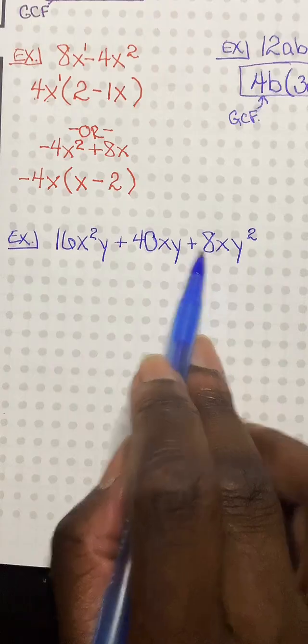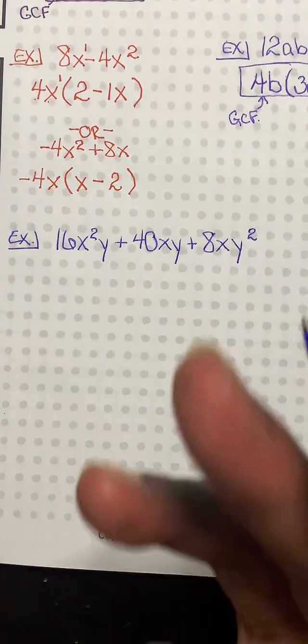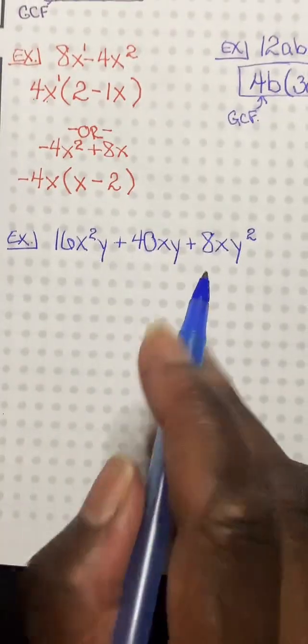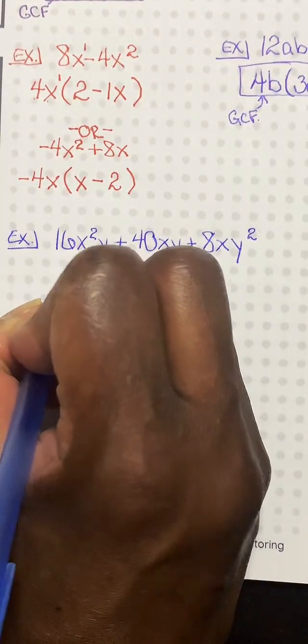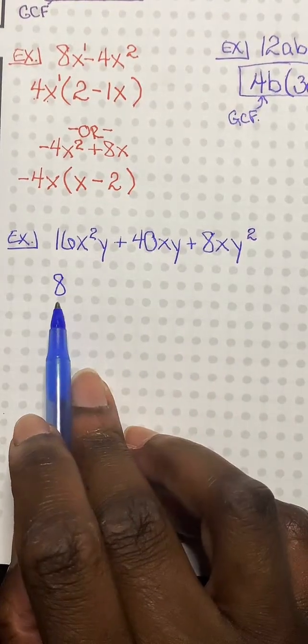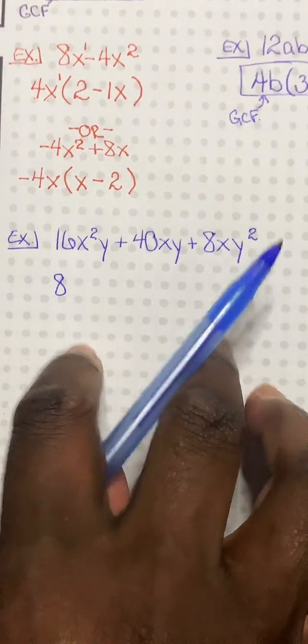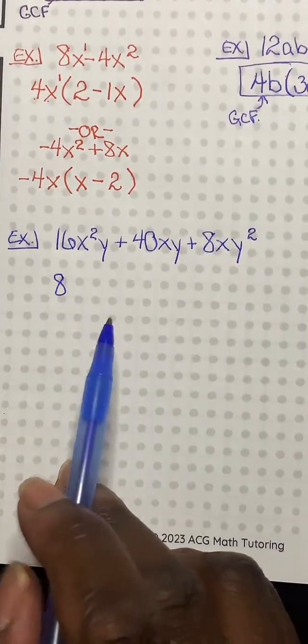And just like you said, 4 works, but 4 isn't the greatest. The greatest is going to be 8. So right away, when I say I do have a GCF, we're breaking it down by GCFs.